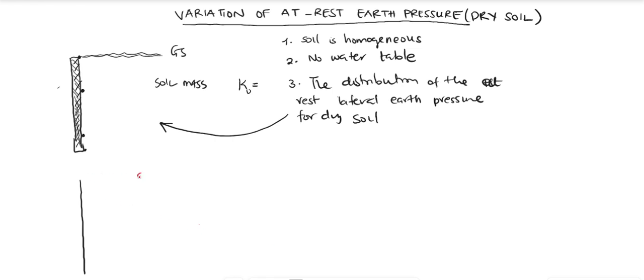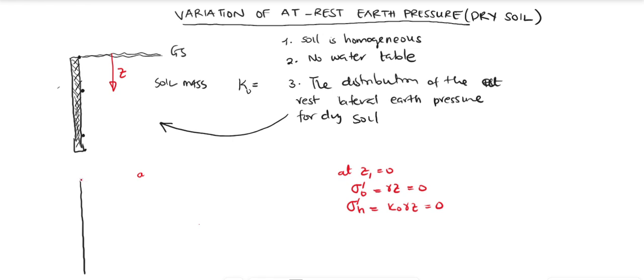Now this is our depth Z. Let me write here, at Z1 equal to 0, our geostatic stress, which is gamma Z, will be 0. And if it is 0, our lateral stress, K naught gamma Z, will also be 0.